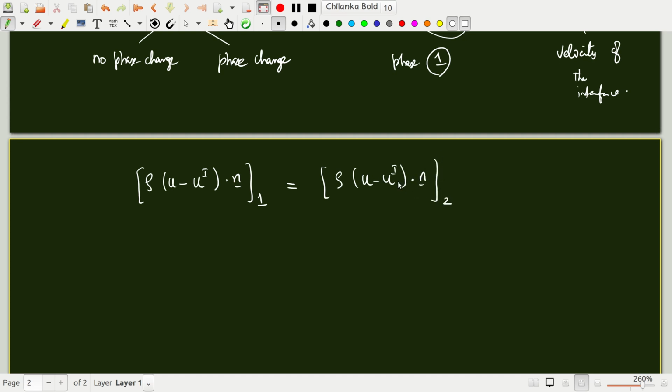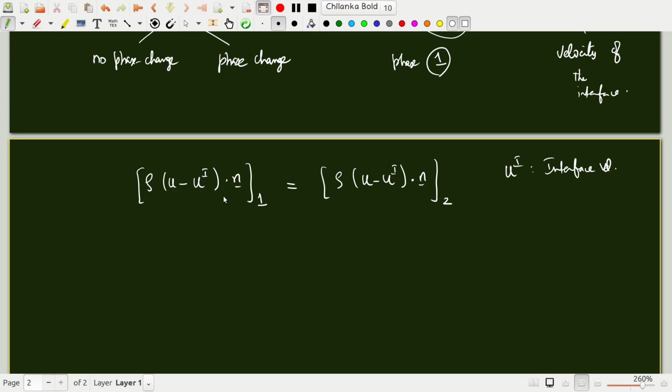Now, ui is the velocity of the interface. So this u minus ui, if the velocity of the interface is 0, then the mass flux is simply rho u dot n, which is what I just mentioned.